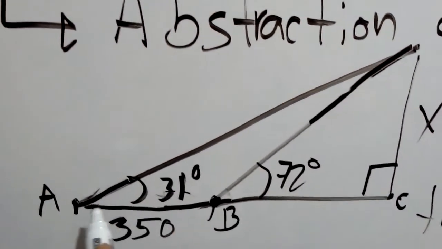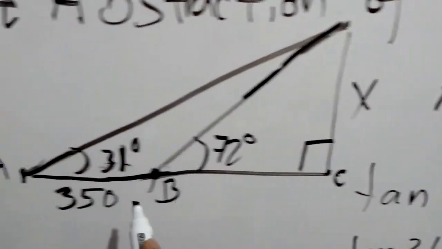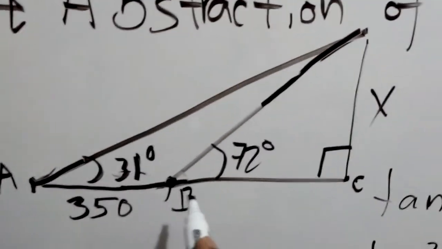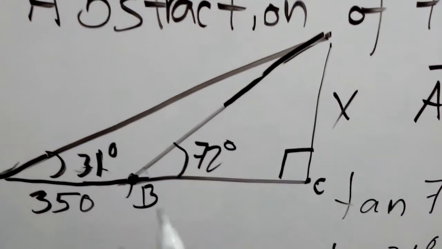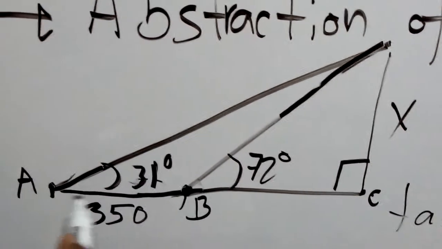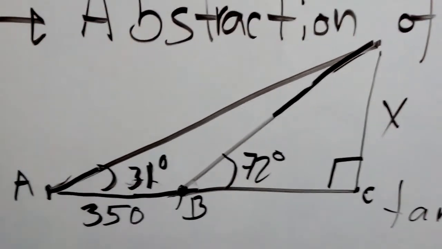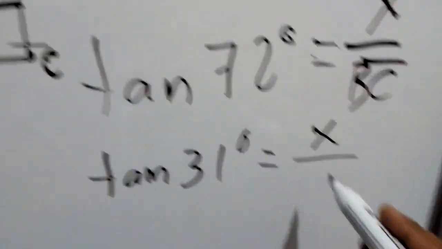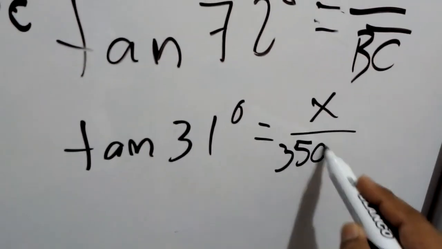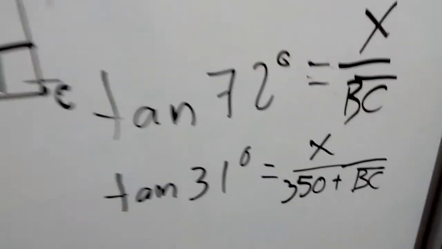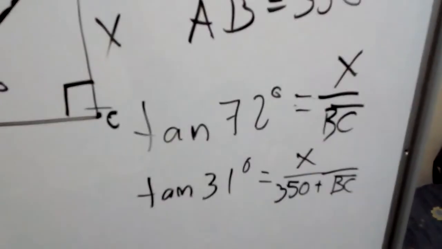Adjacent is all this, so basically it is 350 meters plus BC. So this is the adjacent side to the angle of 31 degrees, basically 350 plus BC. So we have two equations to deal with.